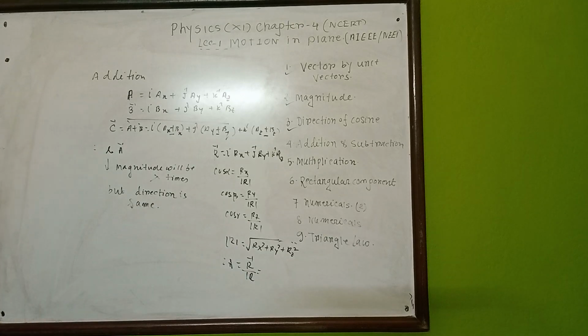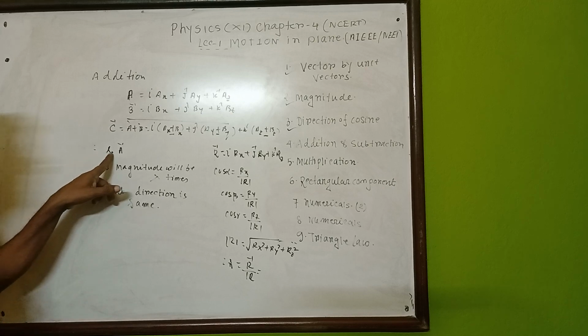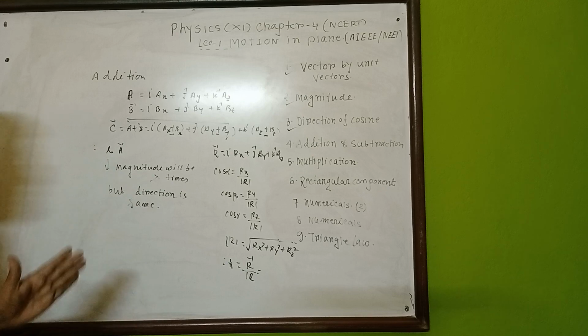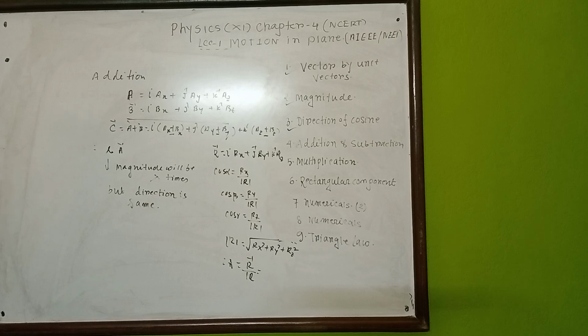Direction is the same, these are equivalent vectors. One vector may be 2 times, 3 times, 4 times of a given vector if they are lying on a line. So lambda A, any real number multiplied by a vector, only the magnitude will be lambda times, but always remember that the direction remains unchanged.